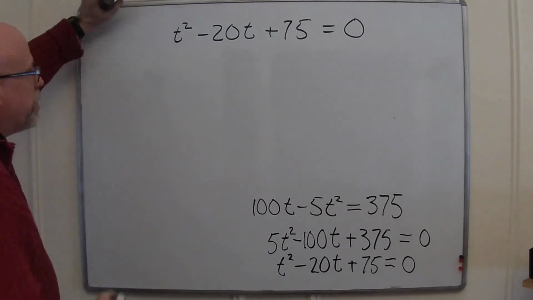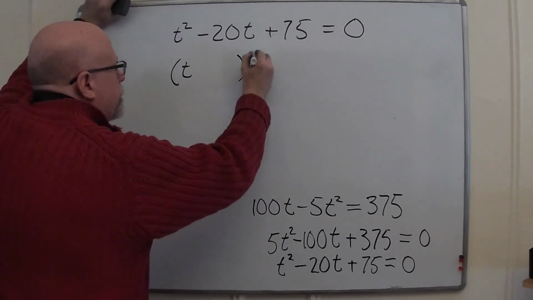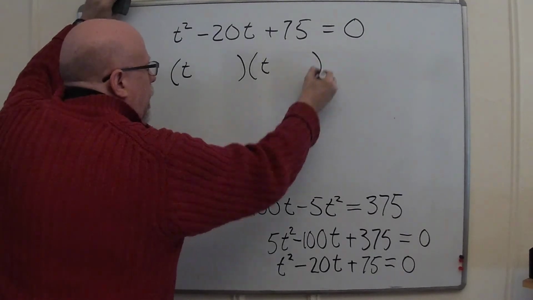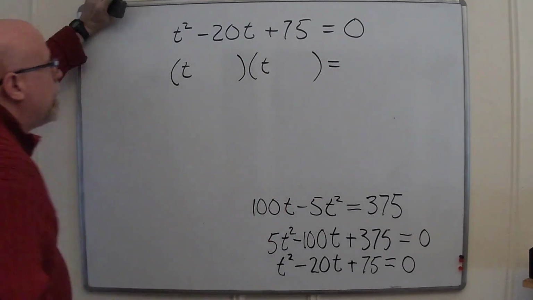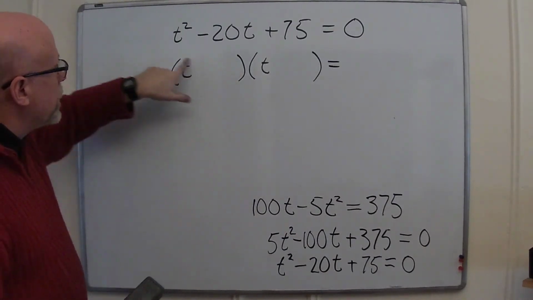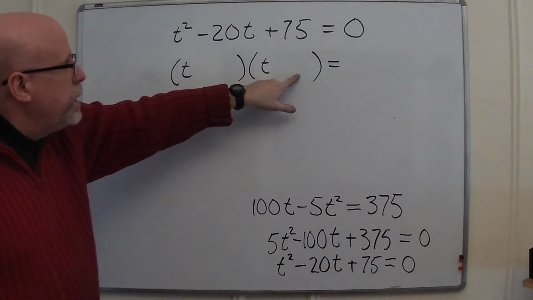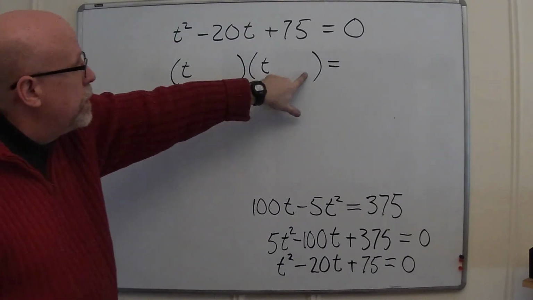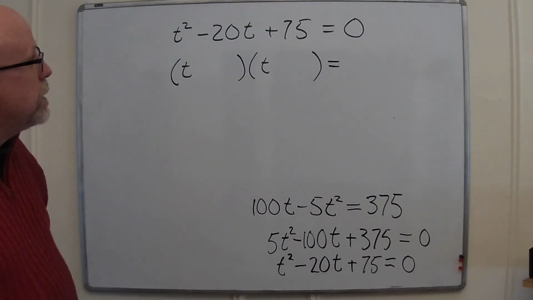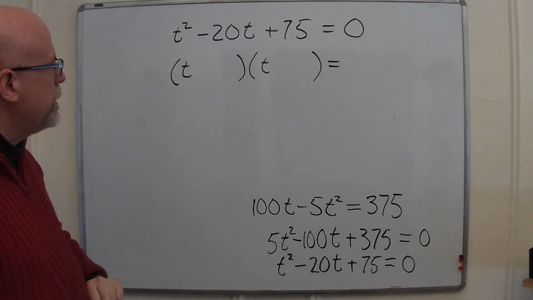I just want to see if I can think of this as coming out of the FOIL rule somehow. So I put a t and a t because first times first got us that t squared, right? But I now need to put numbers here and here so that their product gives us this for last times last, and their sum gives us this minus 20.